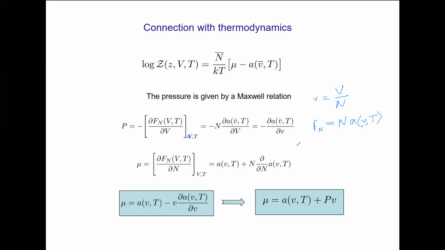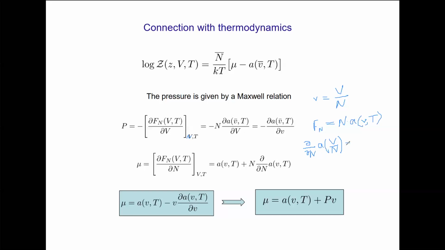Let's do this exercise. So we need to differentiate d over dn of little a, which depends on capital V over n. And I will drop the dependence on T, because T is a constant.